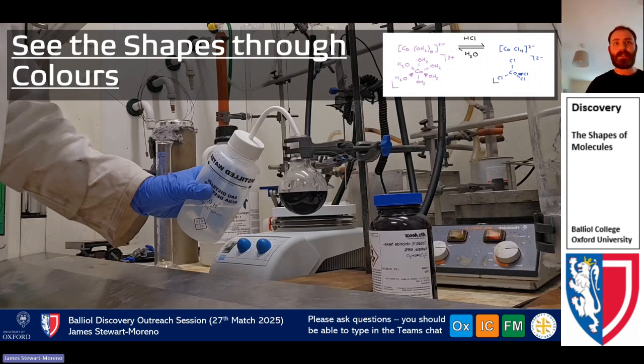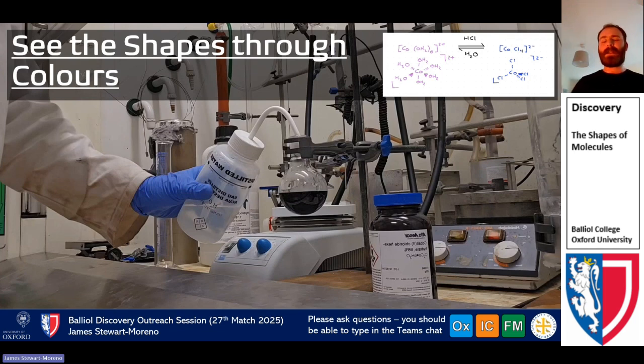What's the liquid for? The liquid is so that you can very clearly see what's going on. If it was just a solid, it would be much harder to see. Here you can see I'm just adding in more water, and you can kind of see it there. The pink color is returning. Is it reversible? Yes, that is what I'm showing you here.